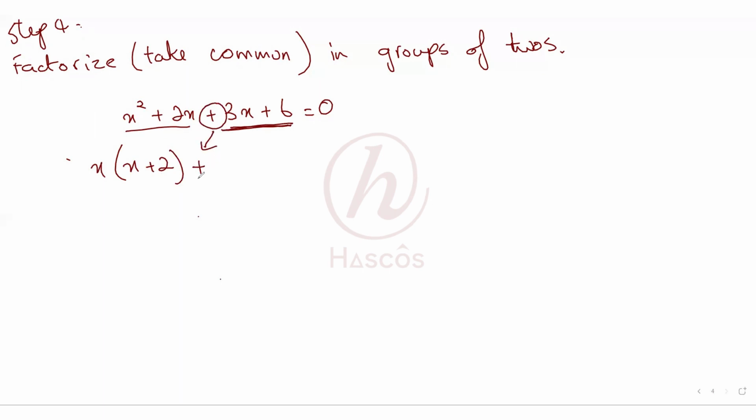Whatever common you take out from the other two has to be in accordance with this middle sign. So we're going to take out 3 as common, and when we take plus 3 away from 3x, we are left with an x. When we take plus 3 away from positive 6, we are left with a positive 2. Hence, we have taken out a common, and we have factorized in groups of 2.